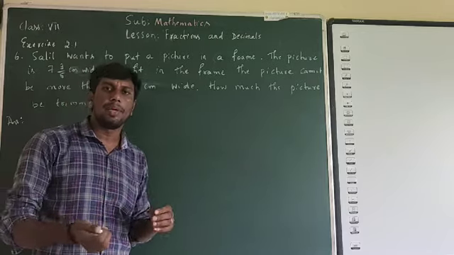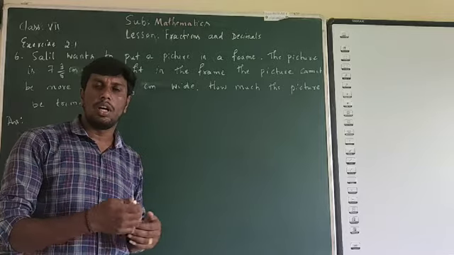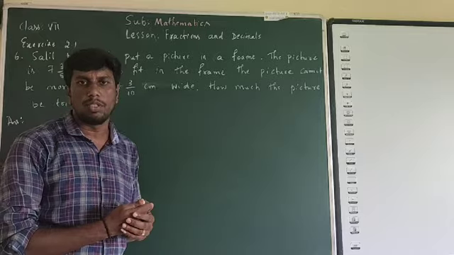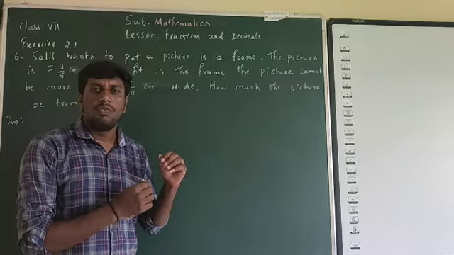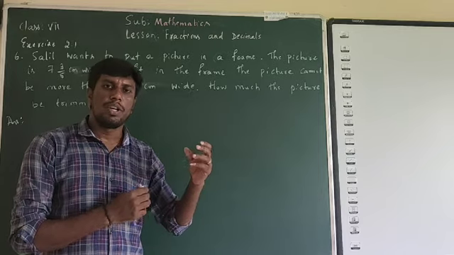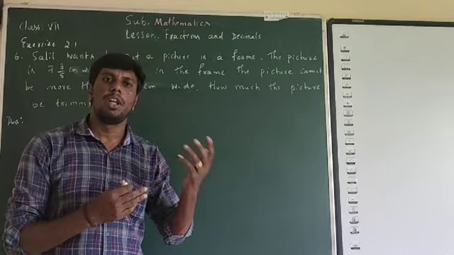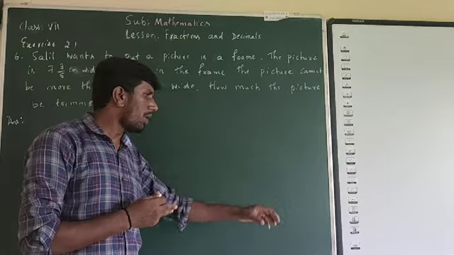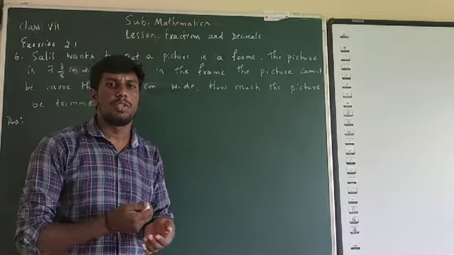Once the denominator is common, you don't need to concentrate on it. Look at the numerators. The fraction with the larger numerator will be the larger, so the corresponding perimeter will become the larger, right?